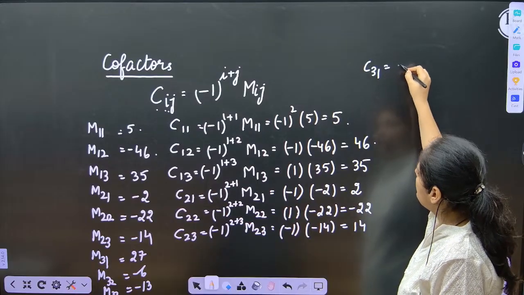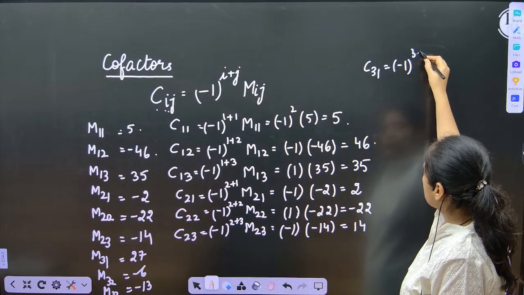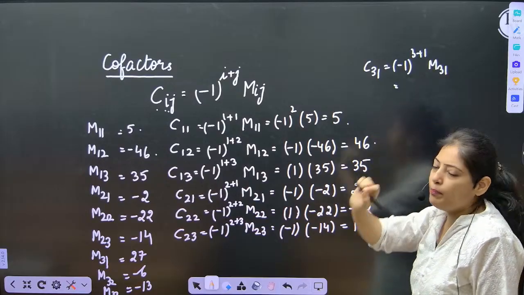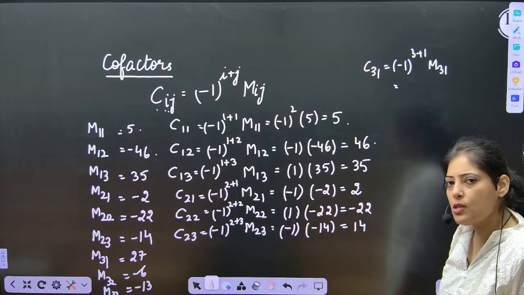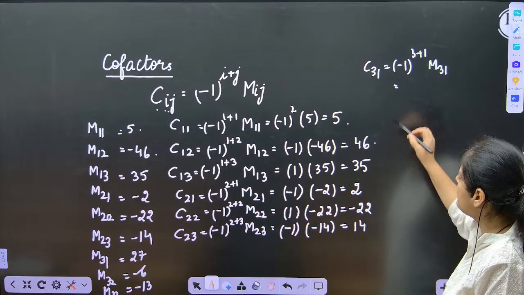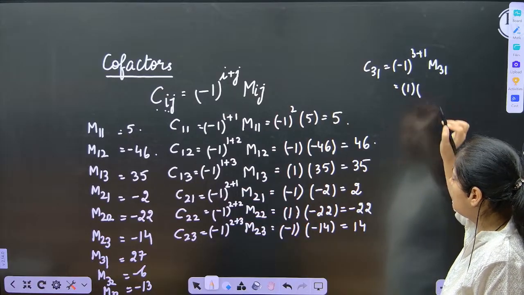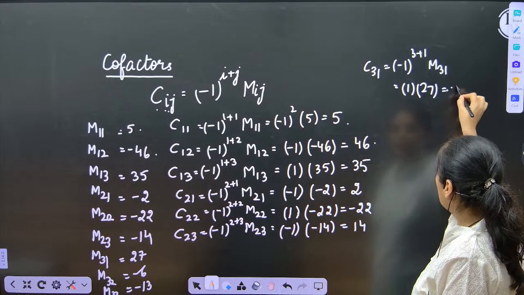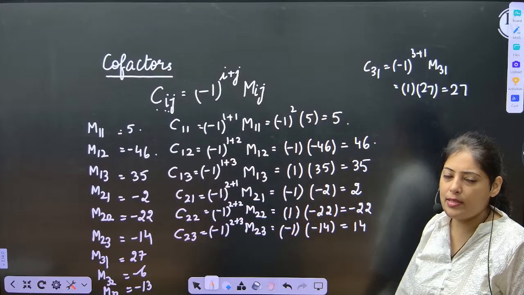C31: minus 1 raised to 3 plus 1, M31. Power is 4, power is even. When power is even, it will become positive 1. M31 is 27 only. 1 into 27, 27.